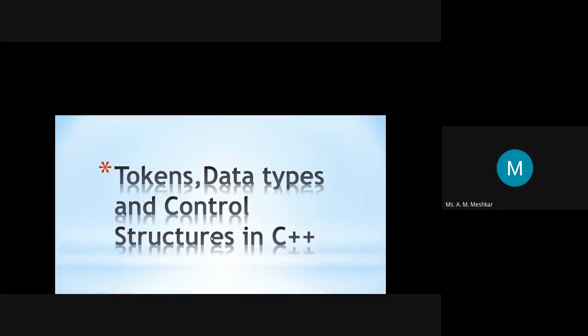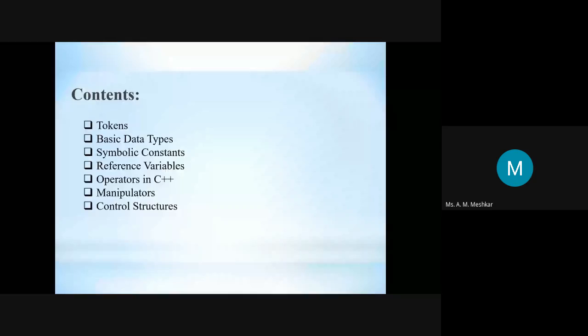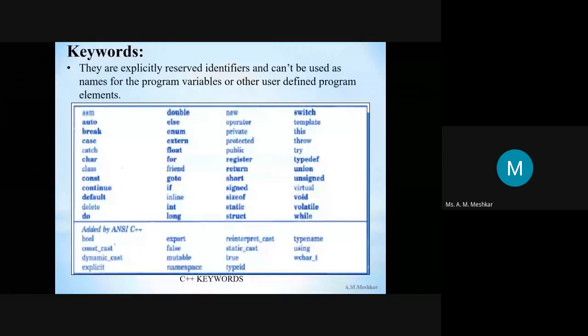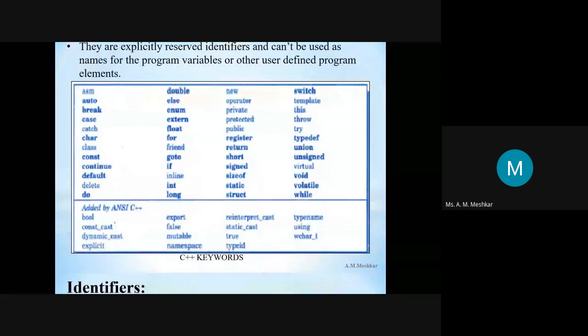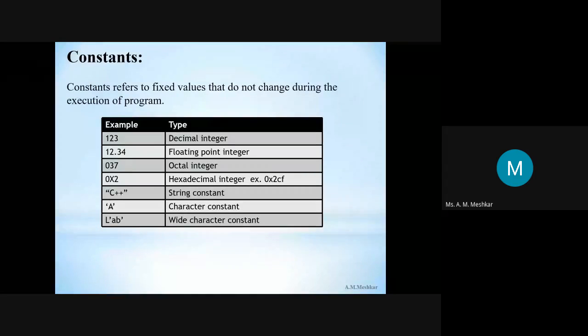Okay, so we will start. In the last lecture, we have completed the various tokens. Just a quick revision. We have learned what is keywords, the reserved identifiers of the program, identifiers, that is programmer's variable name, different types of constants whose value doesn't change during the execution of program.